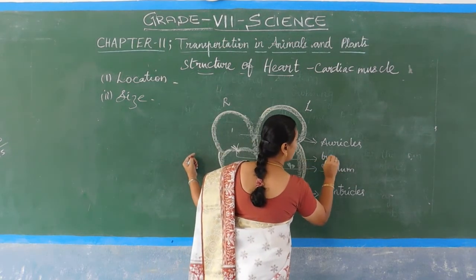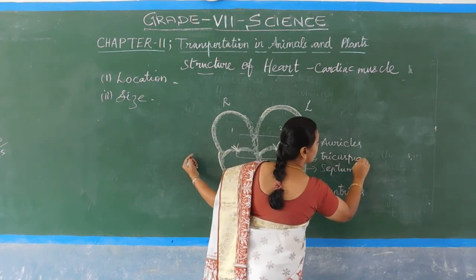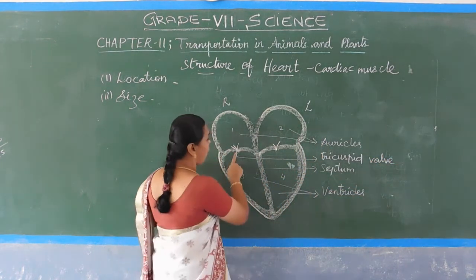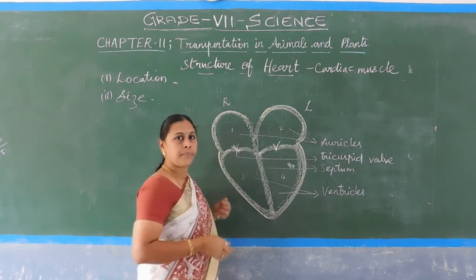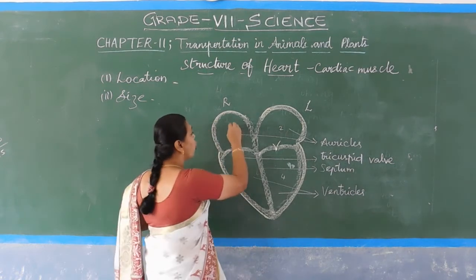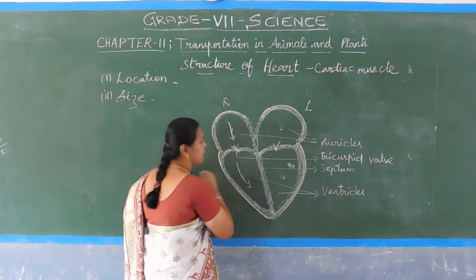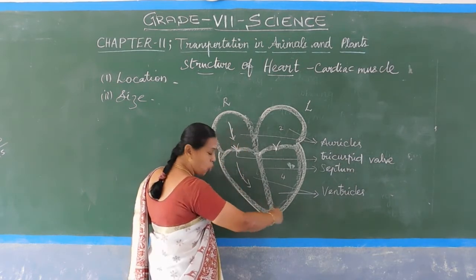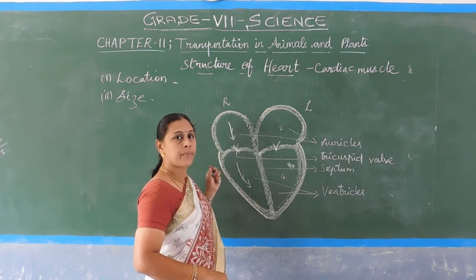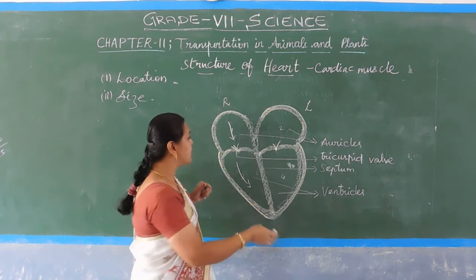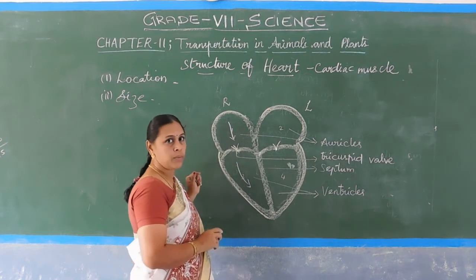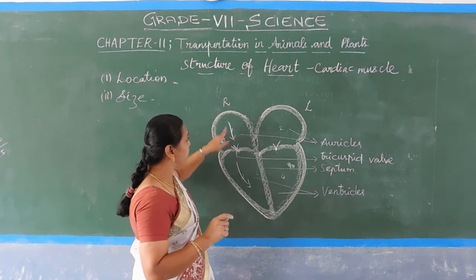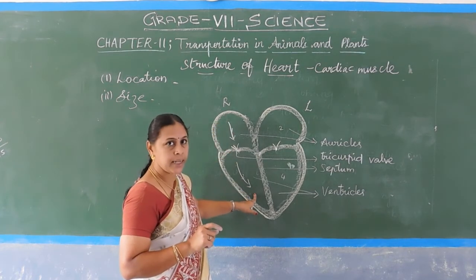This wall is called Tricuspid Wall because it has 3 flaps, which allow the blood to flow in only one direction. The blood cannot flow upwards, it will only enter downwards. This is possible because of the presence of this wall, which is present between the right auricle and the right ventricle.